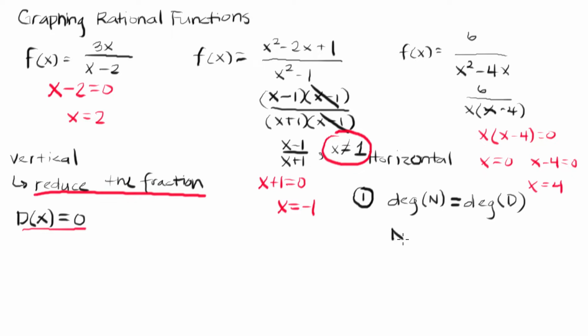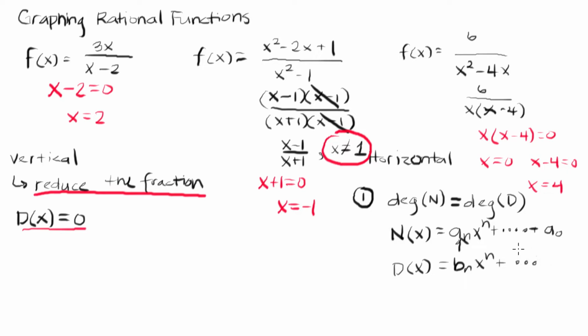So think of it this way. n of x is equal to some polynomial a sub n, x to the n. You guys remember that whole nonsense, right? That gigantic polynomial, most of you didn't remember what it meant. But the idea here is that if you take the lead coefficient of the numerator, and you take the lead coefficient of the denominator, which I'm going to call b sub n, where you have a polynomial.